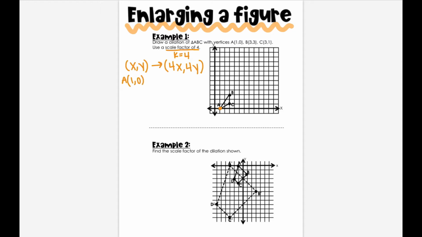All right, so our point A is (1, 0). So we're going to multiply 1 times 4 and 0 times 4. And we'll call this point A prime. Point B is at (3, 3).